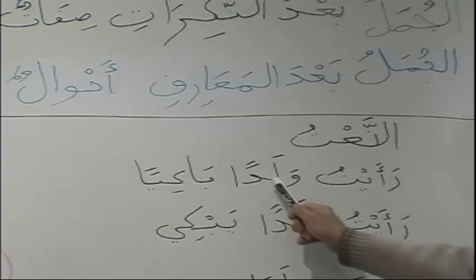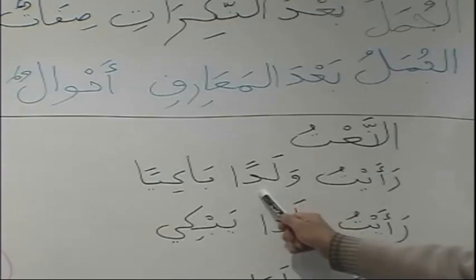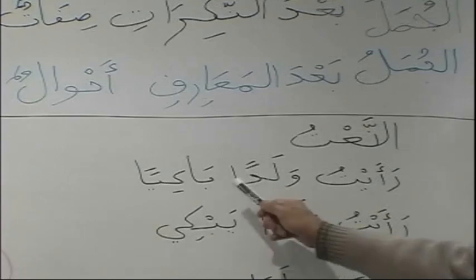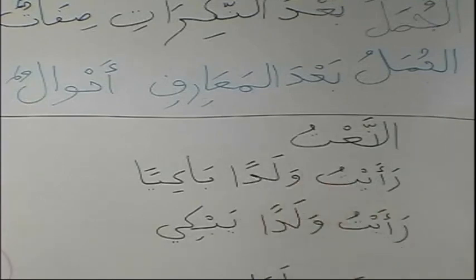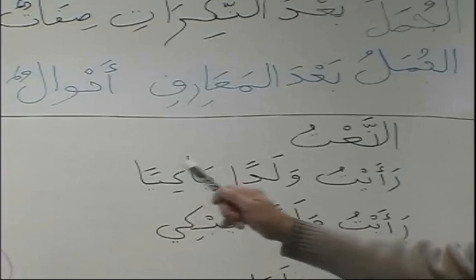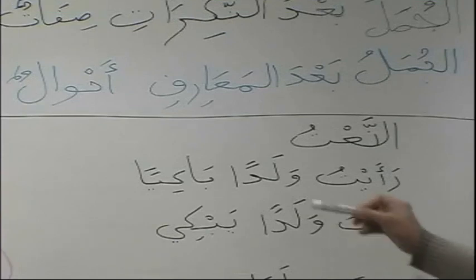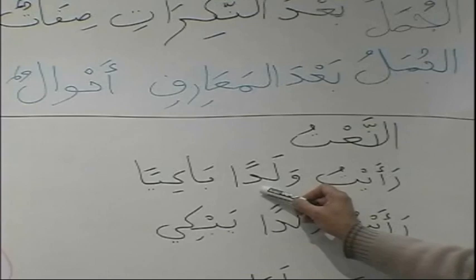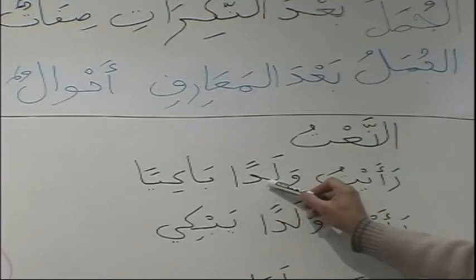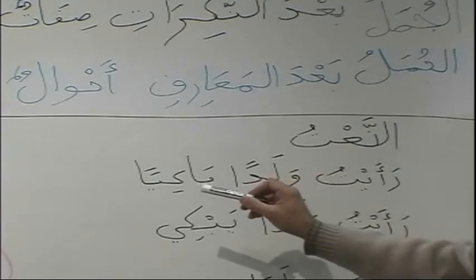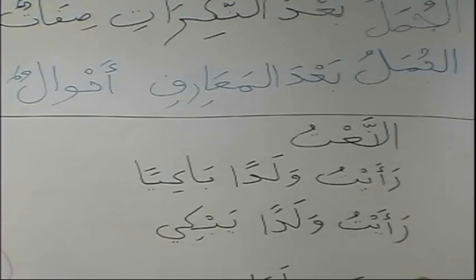But remember, the noun is indefinite. How will I change that baqiyan into hal? Raitu baqiyan waladan. Why? Because that's the rule. If the sahibul hal is indefinite, the hal will come in front. Normally the hal always comes afterwards.